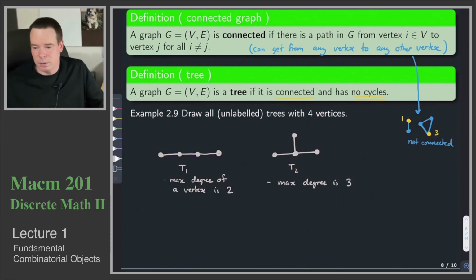So there's a vertex there of degree 3. And if I think about it, there's really no other way to get a tree where I've got one vertex of degree 3. Because if I start drawing a vertex of degree 3, then those are my remaining 3 vertices. So any tree on 4 vertices that has a vertex of degree 3 has to be tree T2 that I drew there.